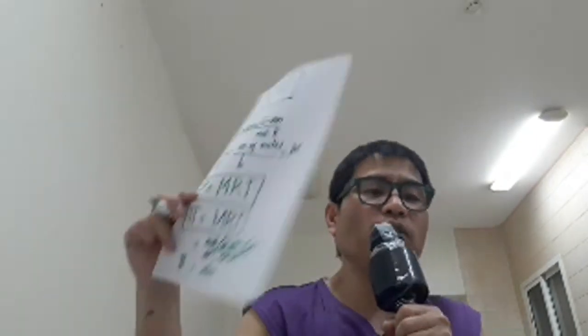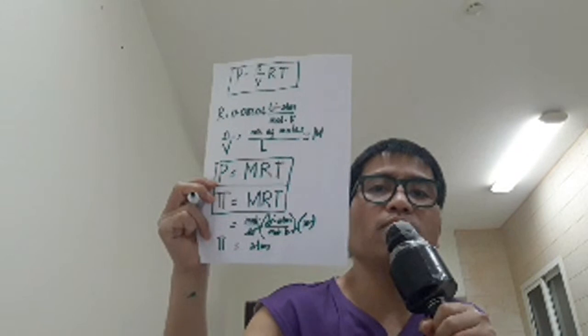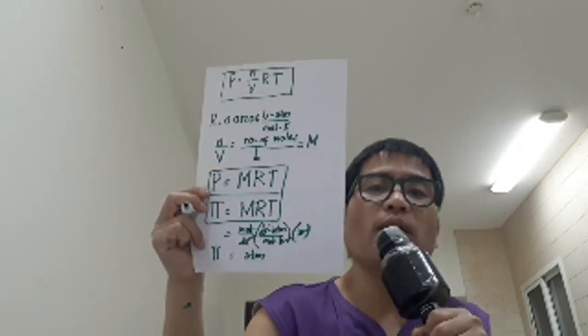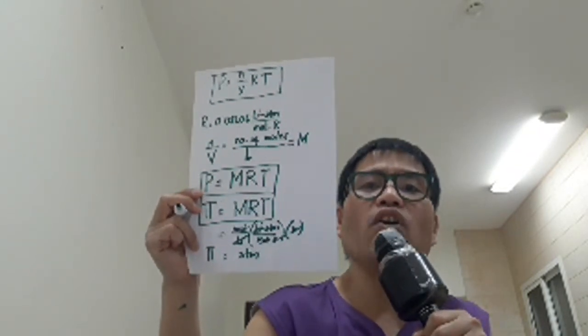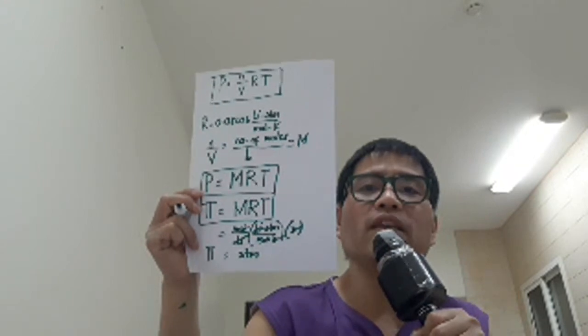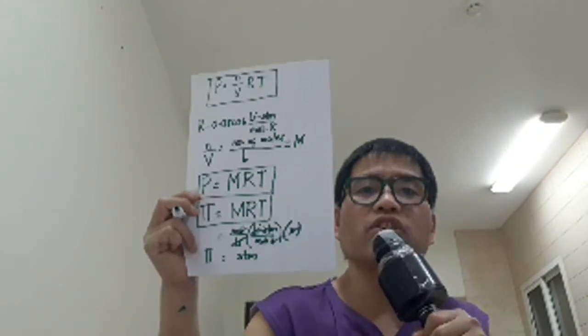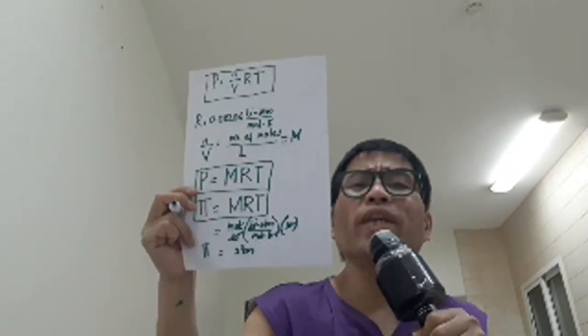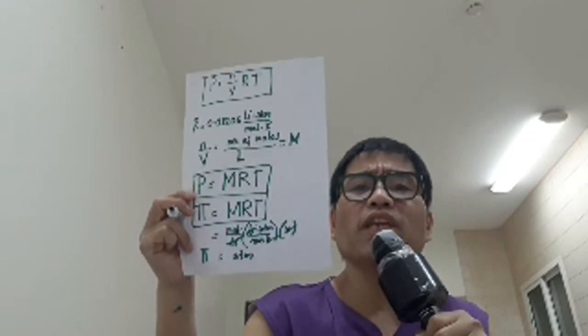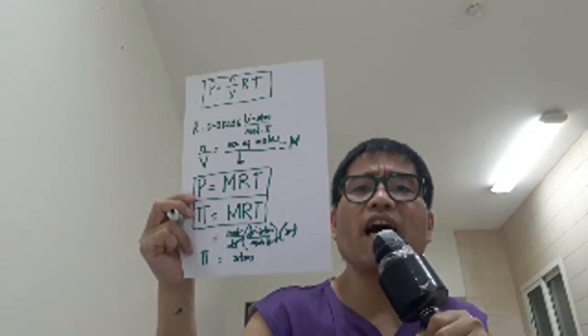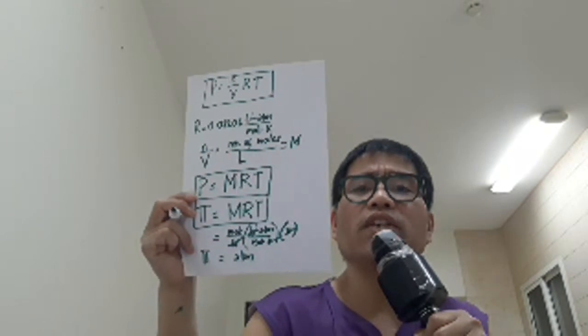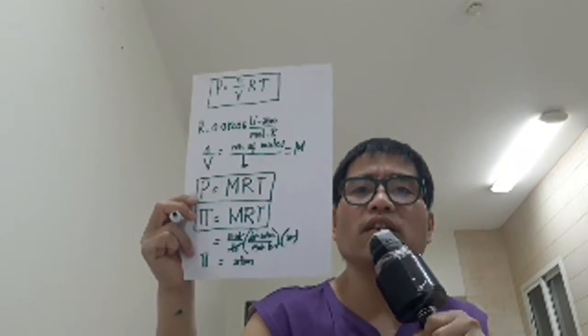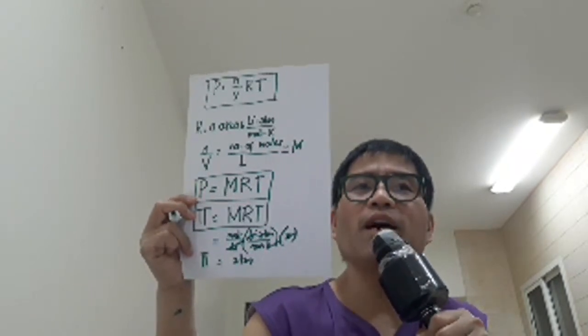See, our osmotic pressure is in atmosphere. If we substitute each unit of the variables involved in this equation for osmotic pressure, we can really say that osmotic pressure came from the original ideal gas law, or the ideal gas equation.